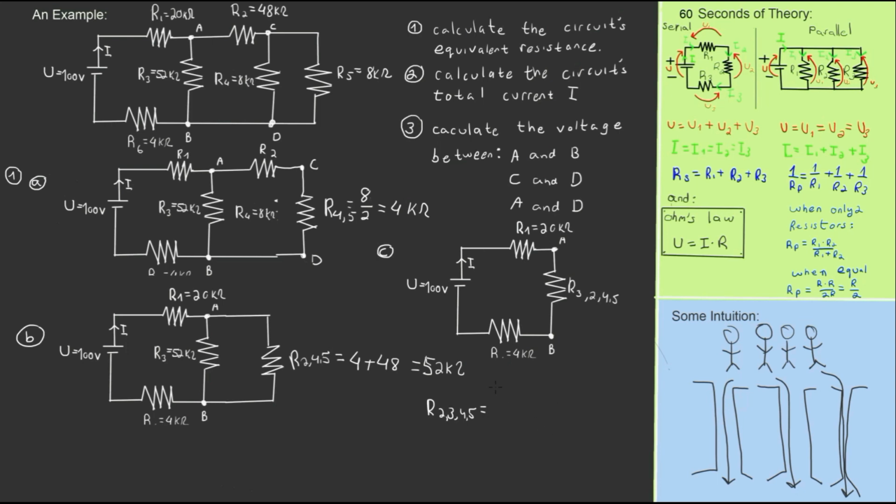Therefore it equals 52 divided by 2. That would make a 26 kilo ohm resistor. Therefore this one equals 26 kilo ohm.